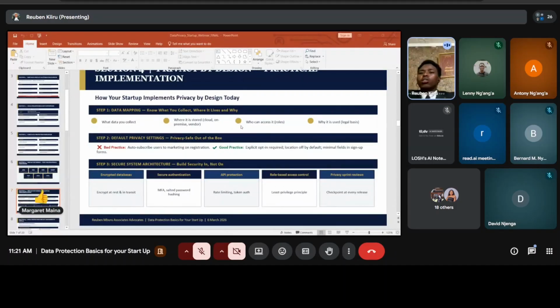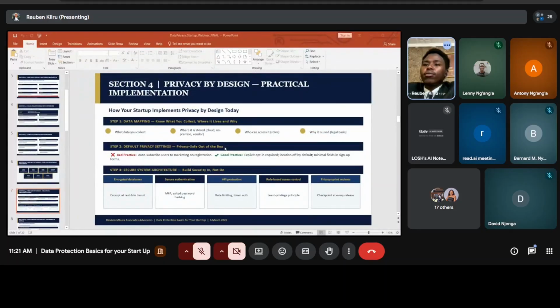All right, so now what are the bad practices in privacy by design? Having people auto-subscribe. For example, when we took your data, we cannot force you to auto-subscribe. What we have to do is have opt-in and ask you, do you want this? Ensure that you have minimal sign-up fields, only those relevant and important.